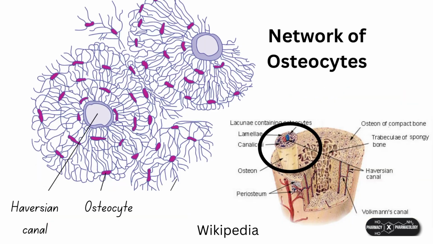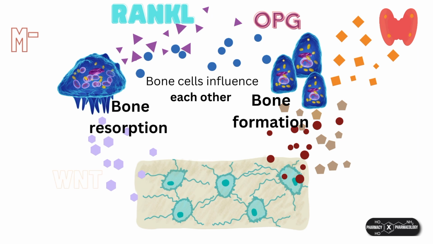And here is an image from Wikipedia, which shows the network of osteocytes embedded throughout the bone. And you can imagine how they might talk to each other via their dendrite-like arms, and can also communicate with the osteoclasts and blasts on the bone surface.